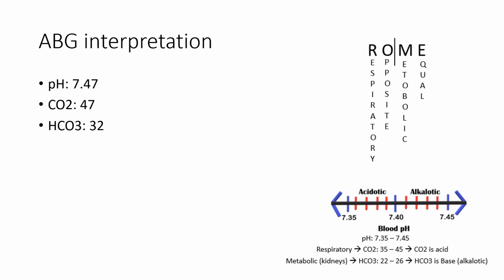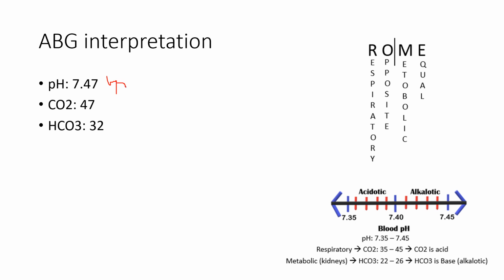Moving on. Here we have a pH of 7.47, a CO2 of 47, and an HCO3 of 32. Looking at our pH of 7.47, that is high, correct? So I'm going to do an arrow facing up.